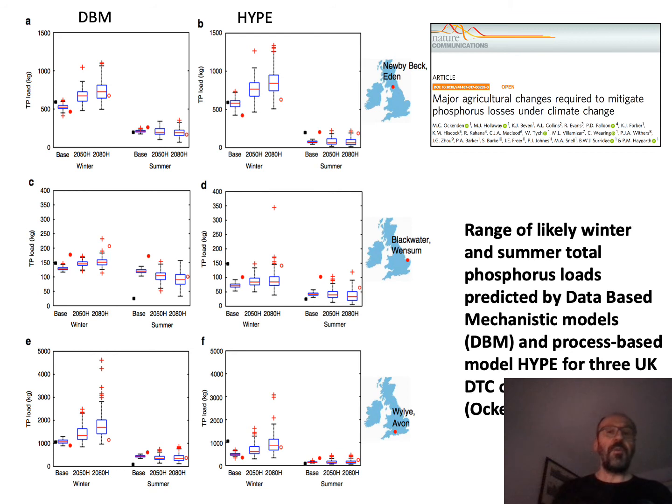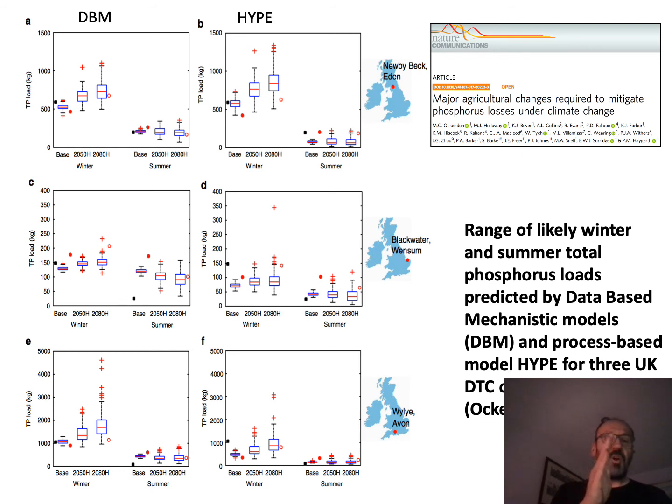At the top, we've got a model for the Newby Beck in the Eden, which is the catchment which I showed you the data from. In the middle, we've got data from the Wensum, the Blackwater, which is the arable catchment in the east of England. And in the bottom, we've got data from the Wylye in the Avon, which is a mixed agricultural catchment in the south of England.